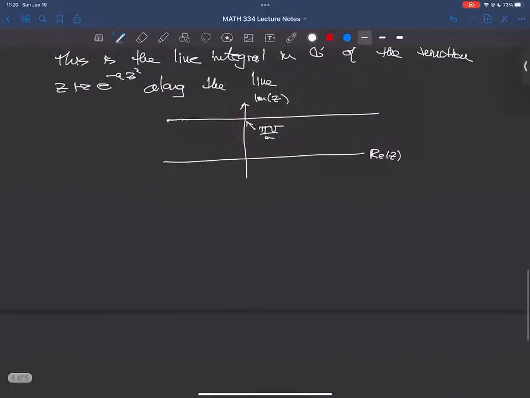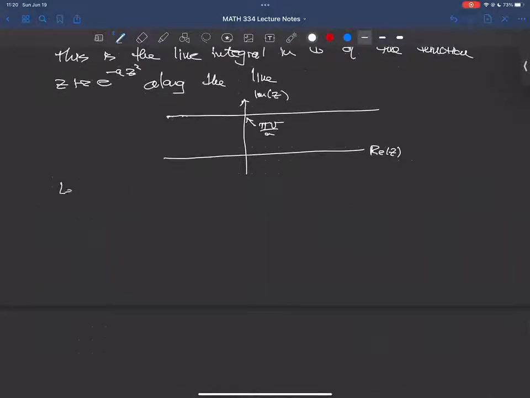All right. And first we're going to, by a trick, convert that into just a regular sort of real integral that we will be able to calculate. And here's how we're going to do that. We're going to choose some capital R positive. And then I'm going to make a contour in the complex plane.